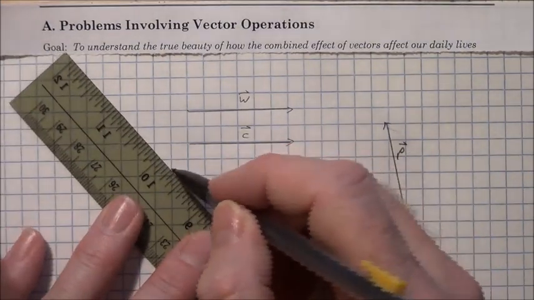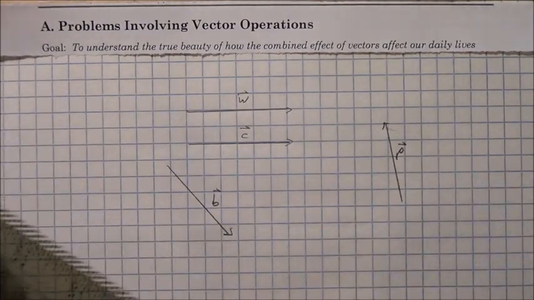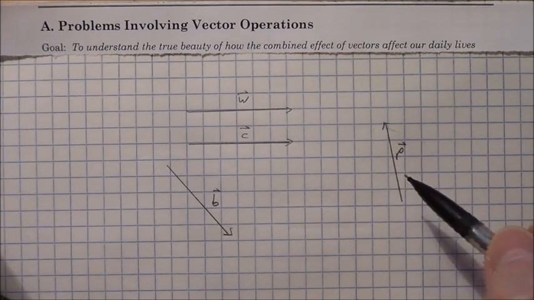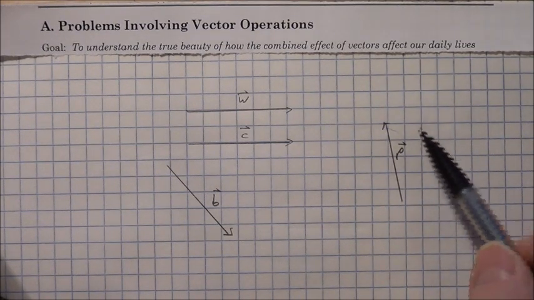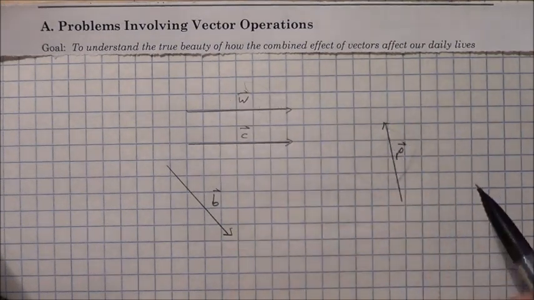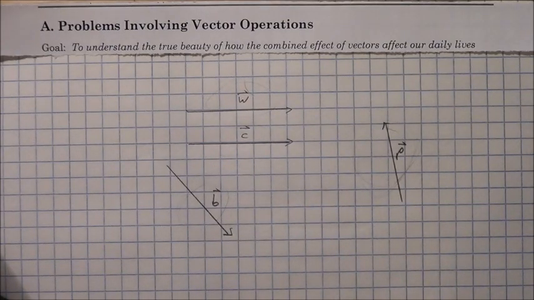Could be the vector of a boat or a canoe, some sort of thing like that. So there's all kinds of vectors that can be combined, and the majority of the ones we're going to be looking at in this section are vectors of planes and wind as they combine with each other, and boats and currents as boats cross rivers.